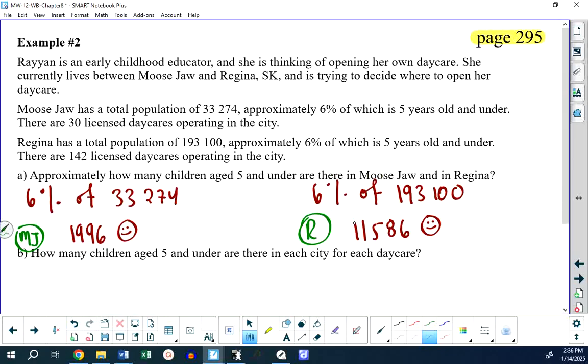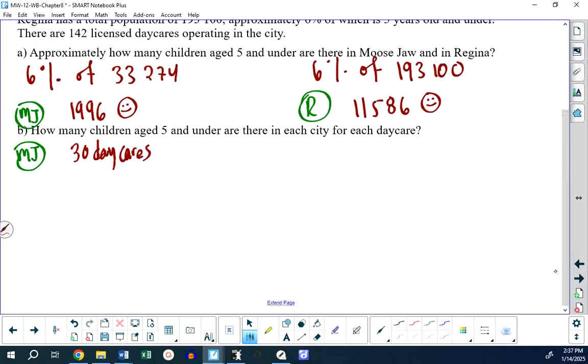Now we know there are 30 daycares in Moose Jaw. And listen, I know those 1,996 children, even if they are all in daycare, are not going to be equally spread out in those 30 daycares. But let's find an average. We're finding an average number of children per daycare in Moose Jaw.